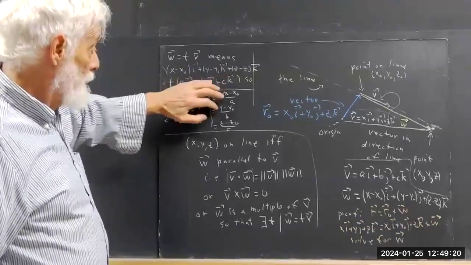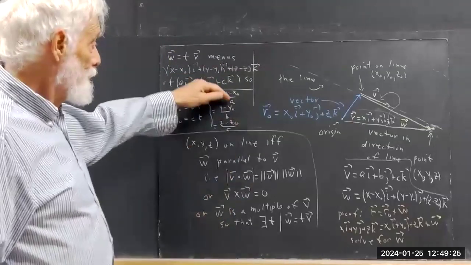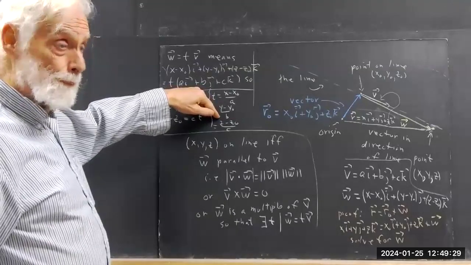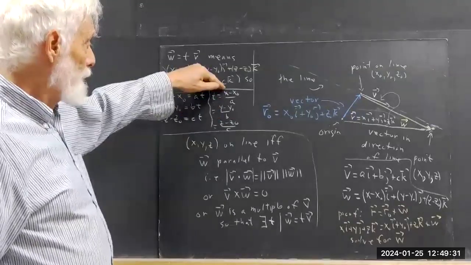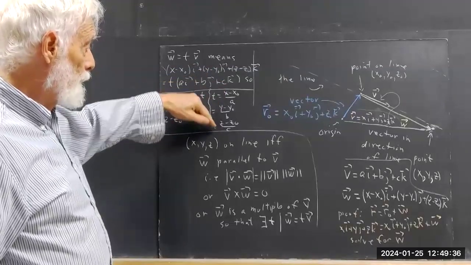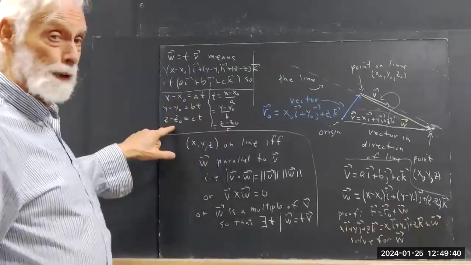And this triple equality, which comes down to 3 equations again, says X minus X naught over A equals Y minus Y naught over B, and X minus X naught over A equals Z minus Z naught over C, and Y minus Y naught over B equals Z minus Z naught over C, which is exactly the same as these equations.